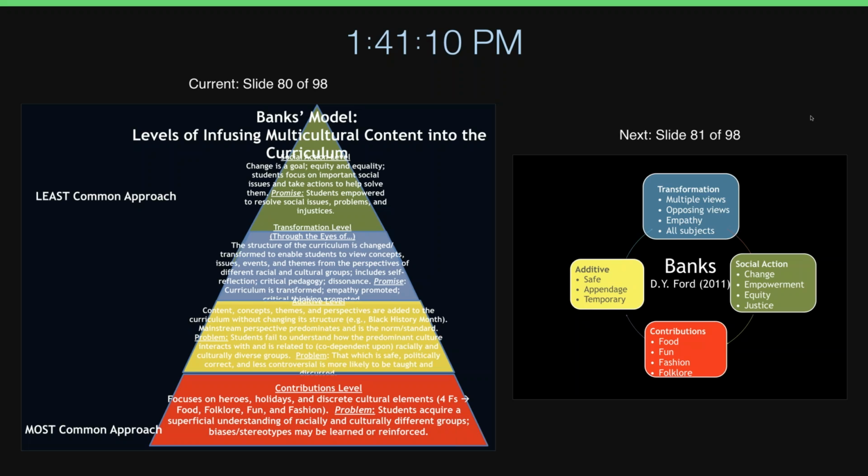So students would make recommendations. I want to emphasize that this model is not age bound. We can do transformation and social action at all age and grade levels.